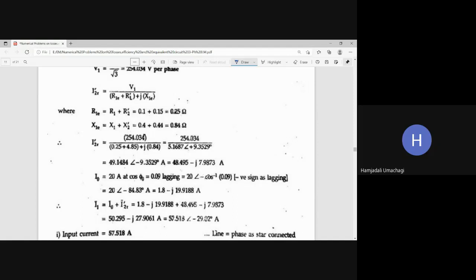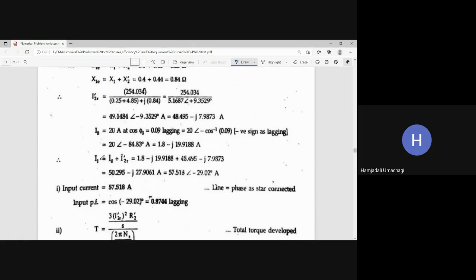Since it is lagging, we take a minus sign, as it is an inductive load. Converting this polar form into rectangular form gives 1.8 minus j 19.9188 ampere. This is the no load current of the three-phase induction motor.